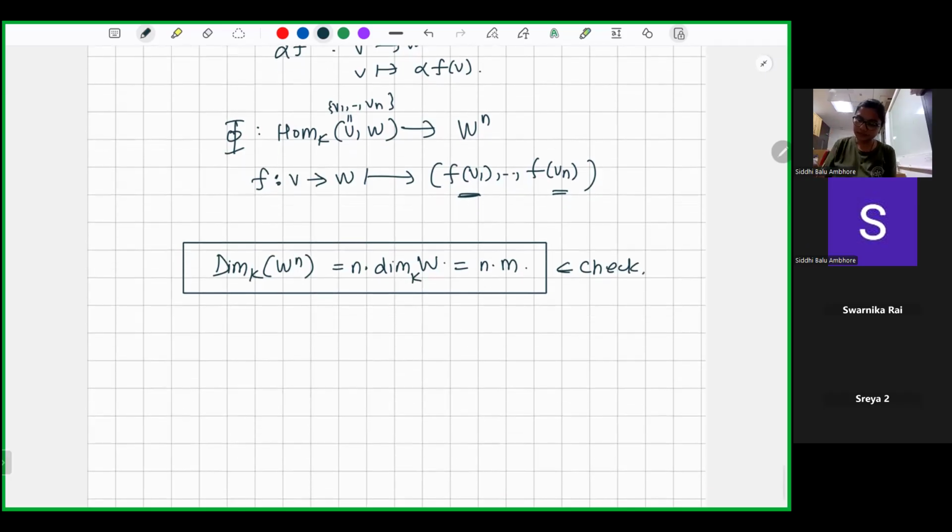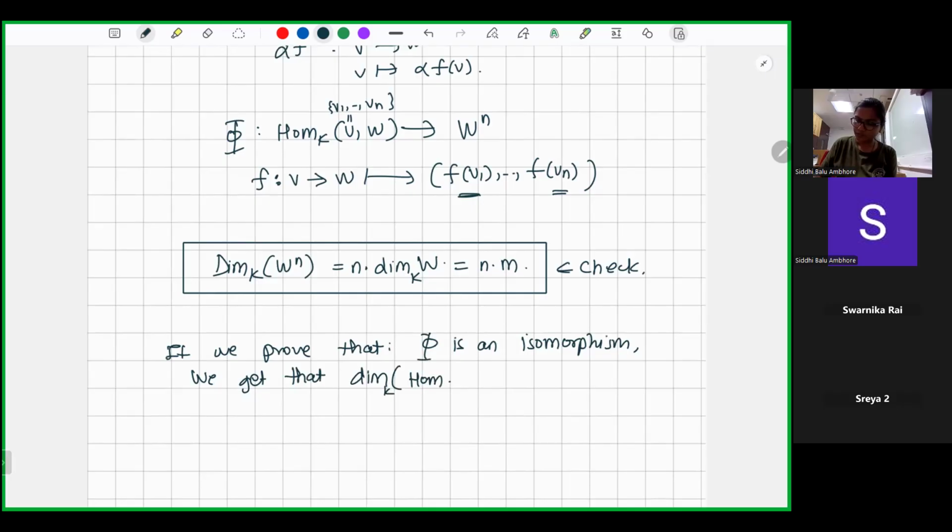So if we prove that phi is an isomorphism, not automorphism, sorry, we get that the dimension of Hom_K(V, W) will be equal to n times m.